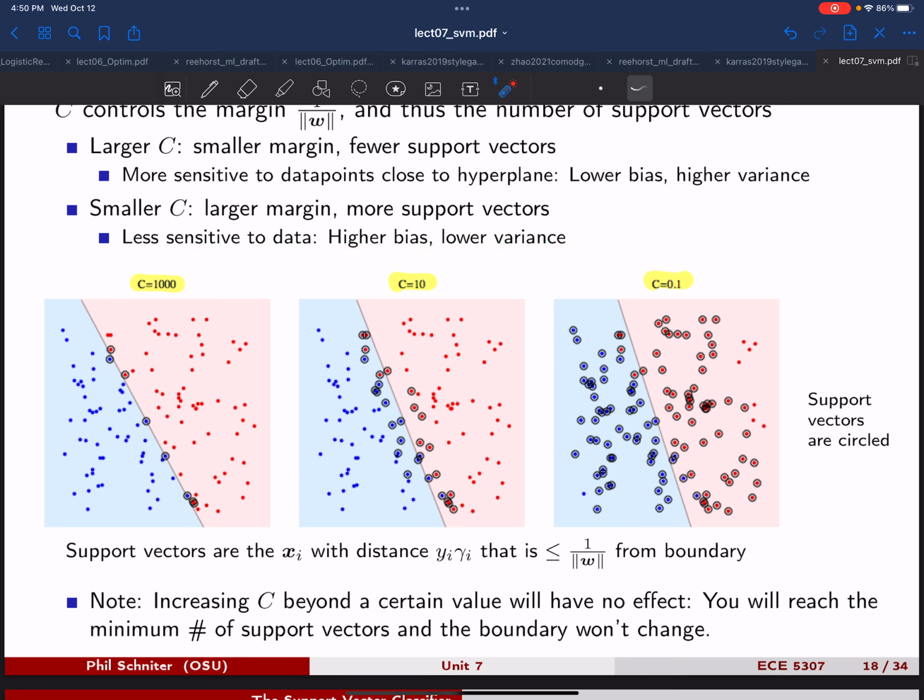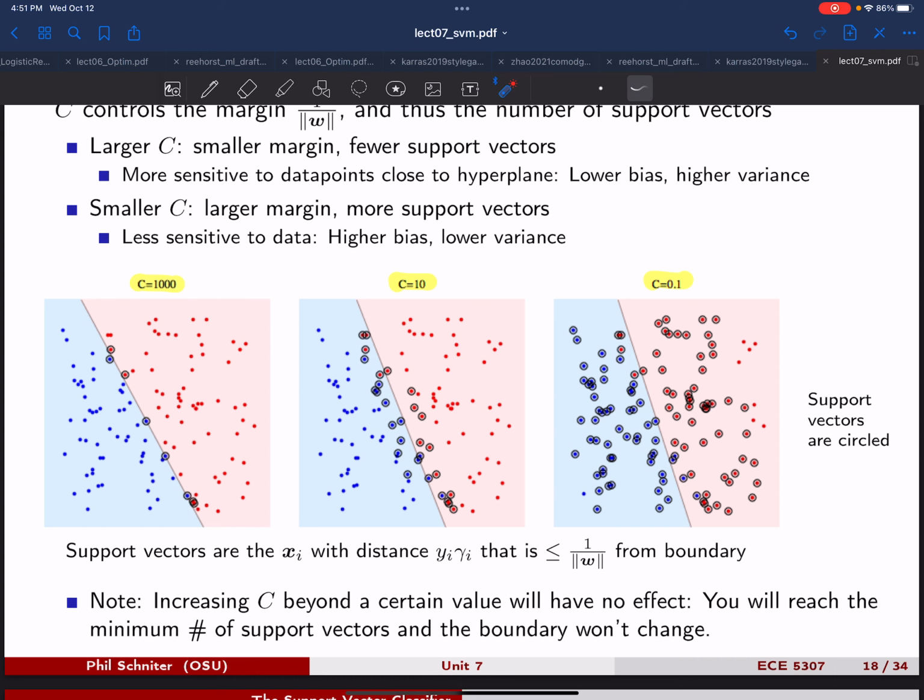And as we know, we have to find the best trade-off between bias and variance. And we also know how to do that. We do cross-validation, k-fold cross-validation. So the idea would be you would train your SVM, or you train your support vector classifier many times for different values of C, and you would evaluate your classification accuracy on your test folds, and you would eventually settle on the C that works the best.